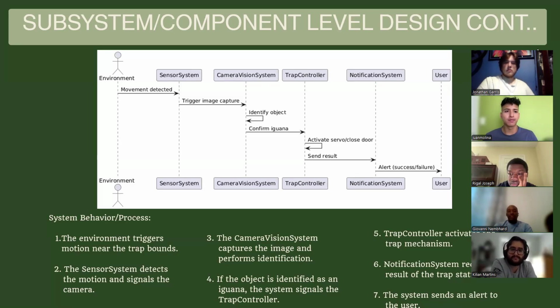Basically, we just want this system to be as efficient as possible. We're going to aim for, like my teammate said, 85% accuracy. That's our whole goal. Once we initiate that, we'll further develop it and make it more efficient.